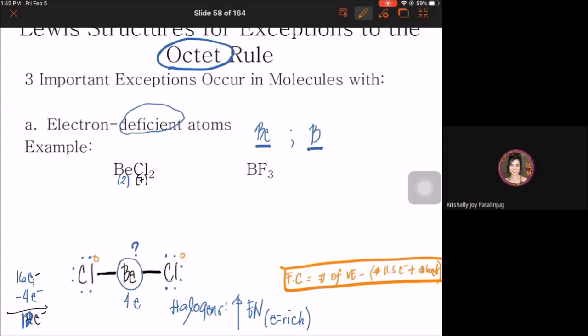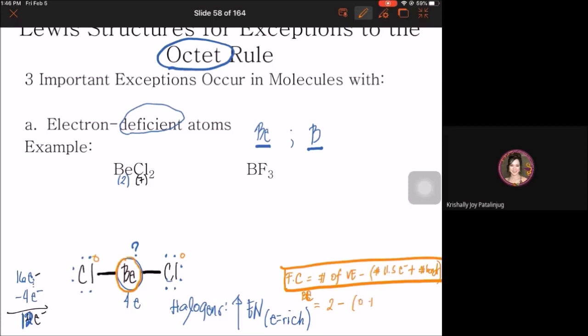Okay? And beryllium here, try natin ha. Number of valence niya is 2, minus number of unshared. Wala naman siyang unshared, meaning, wala siyang lone pair. Si beryllium, wala kayong makikitang lone electron sa kanya.